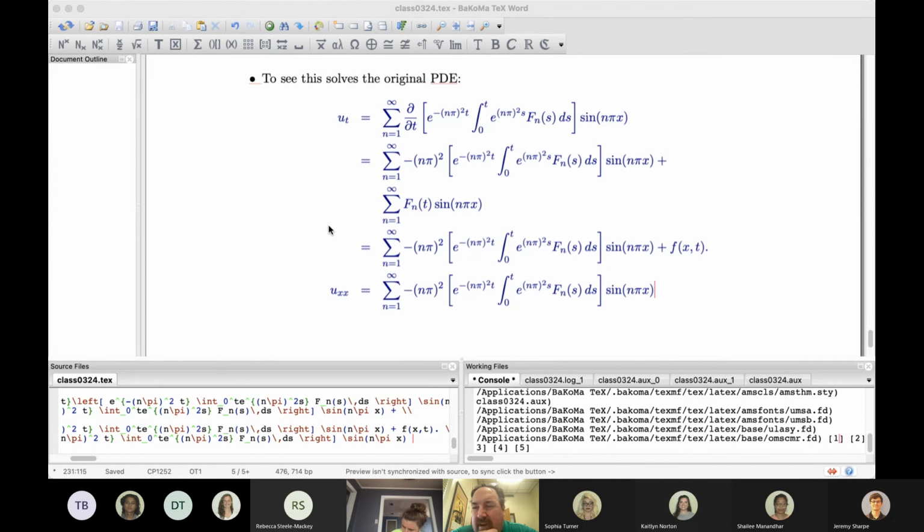And that can lead to some odd behavior in the solution when they don't match. But fortunately, in this problem, they do match. So really, the two parts of a problem are governing the solution in different ways. It's the boundary conditions that stick.